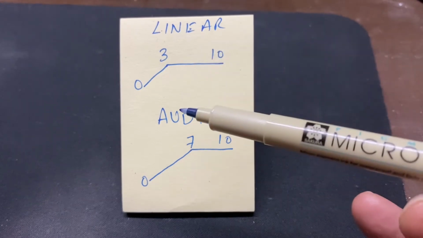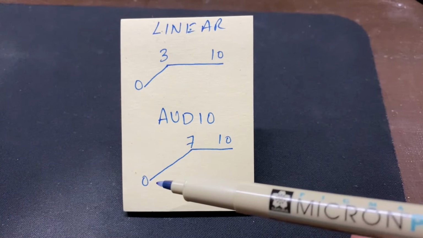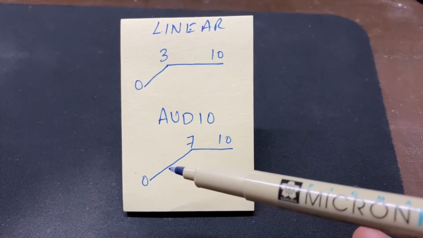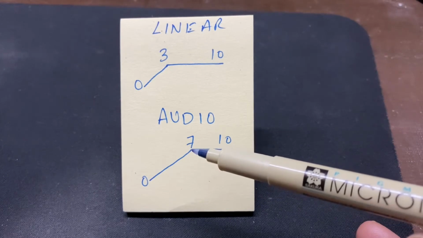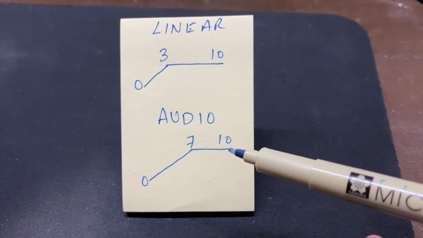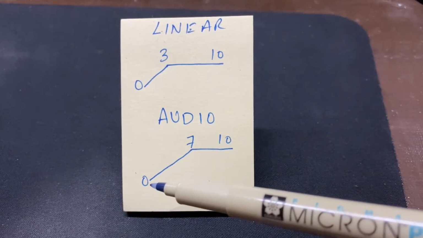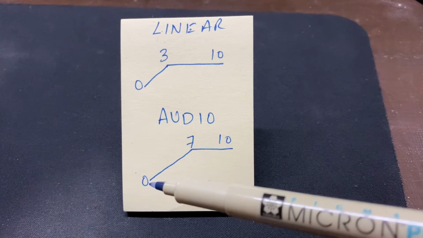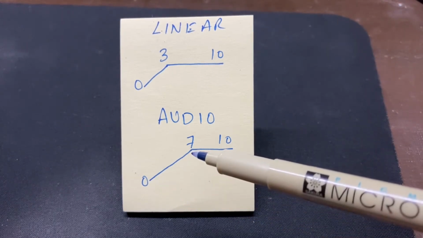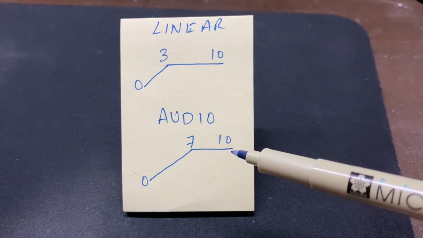That's a linear potentiometer. Now in an audio potentiometer, if this is 0, from 0 to 7 it would have a gradual increase, and from 7 to 10 it would not have much of an effect in the circuit. For example, on your guitar volume, from 0 to 7 it might have the most effect, and then from 7 to 10 pretty much no effect.